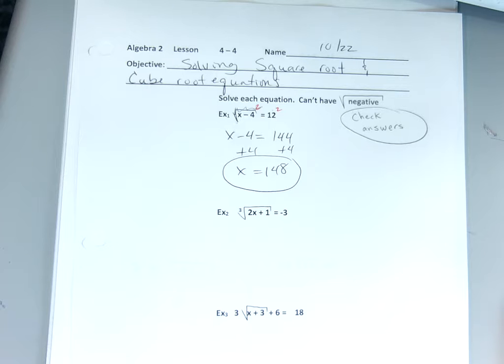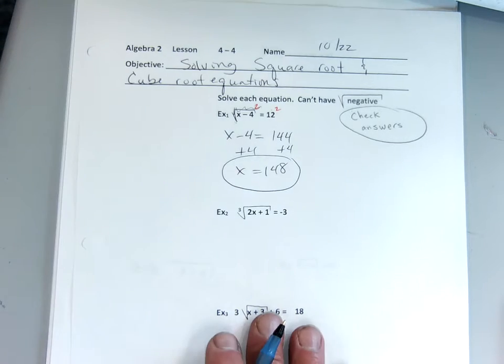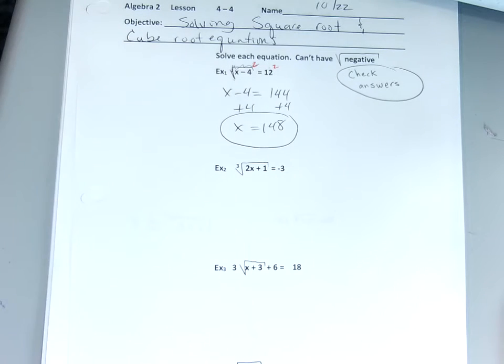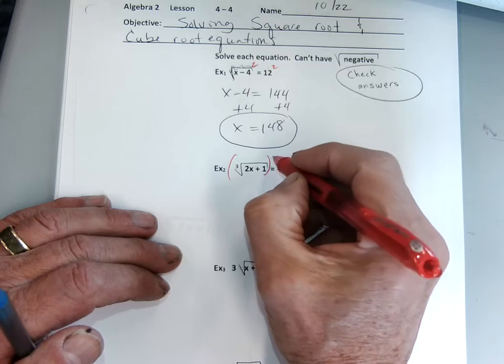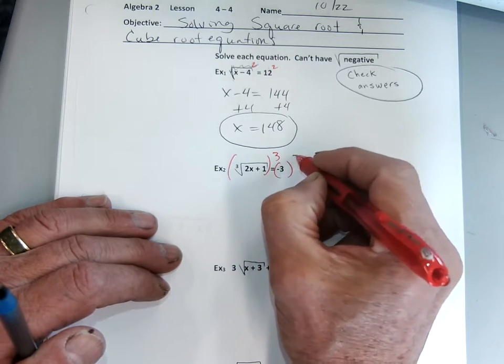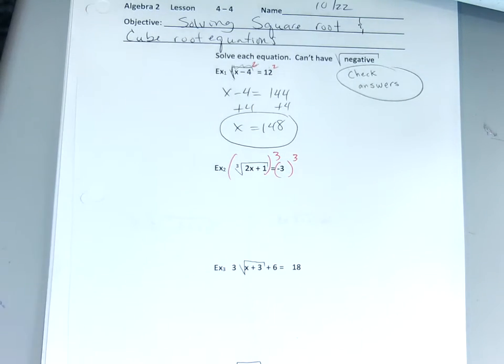So now let's look at example 2. With example 2, how would we undo a cube root? We do a cube. It's that easy, right? So we're going to cube this whole side, and we'll cube this side, because what you do to one side, you have to do to the other to keep it balanced.